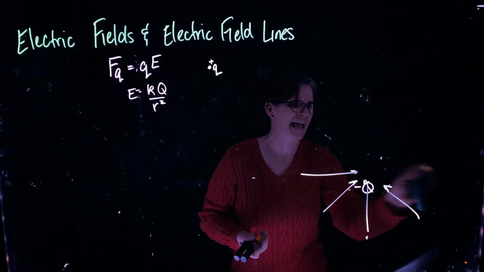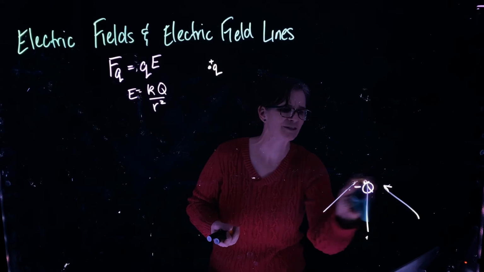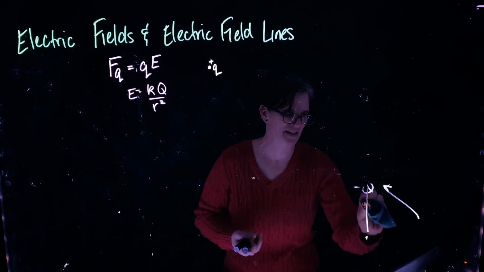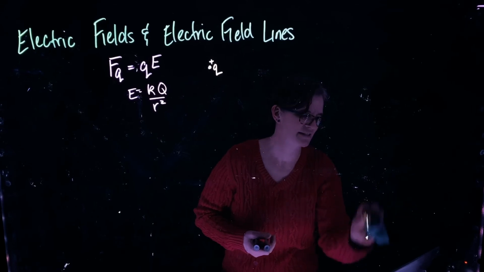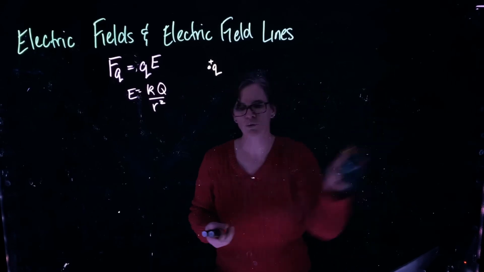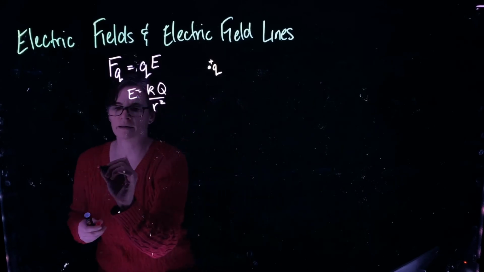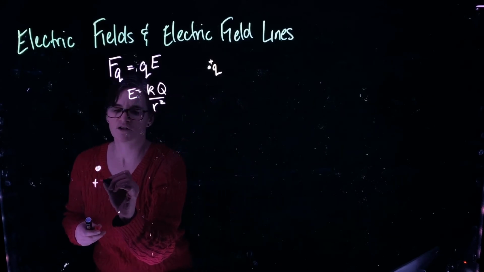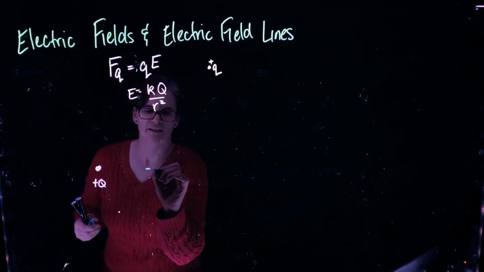So the fields add together vectorially. Now, how does that look pictorially? Well, we can do that conceptually, again, with our test charges. And we'll just look at two examples. One where we have that positive charge Q in close proximity to a negative charge Q.